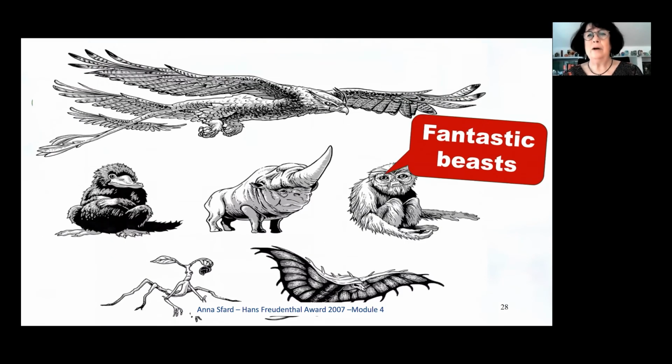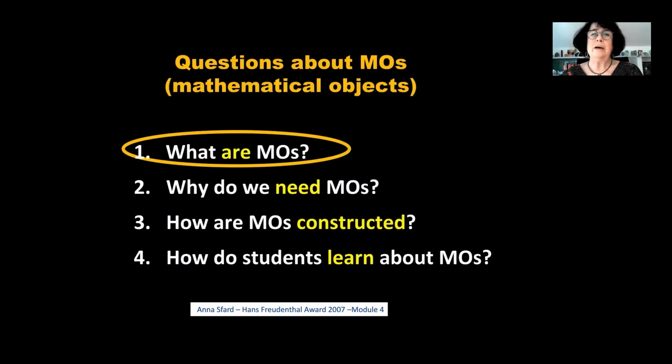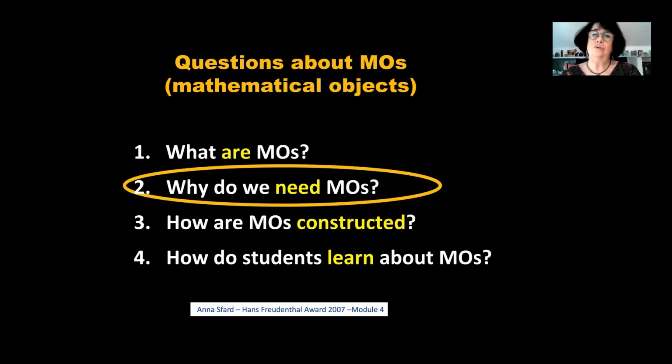Or even about fantastic beasts populating the world of Harry Potter. All this, as any metaphorical extension, preserves some features of the source and loses some. I will now elaborate on what we gain when introducing mathematical objects.